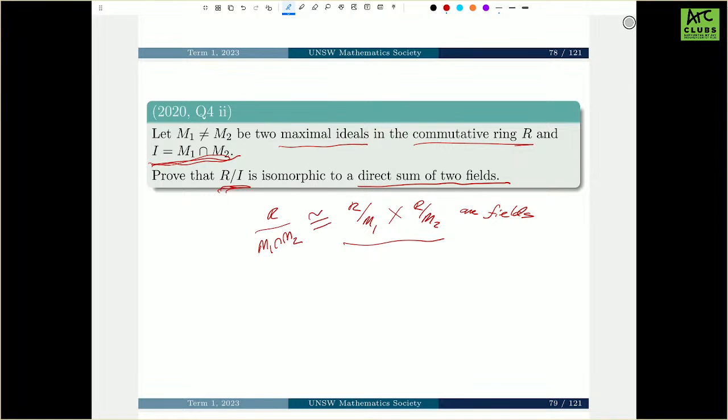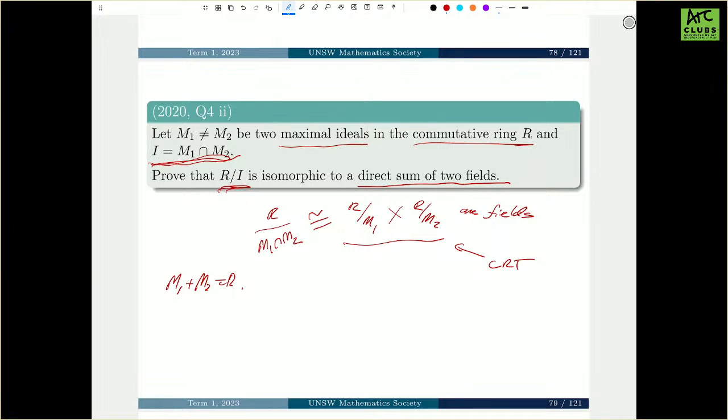We want to show this, and it is a result of the Chinese remainder theorem, but only if we can show that M1 + M2 equals R.